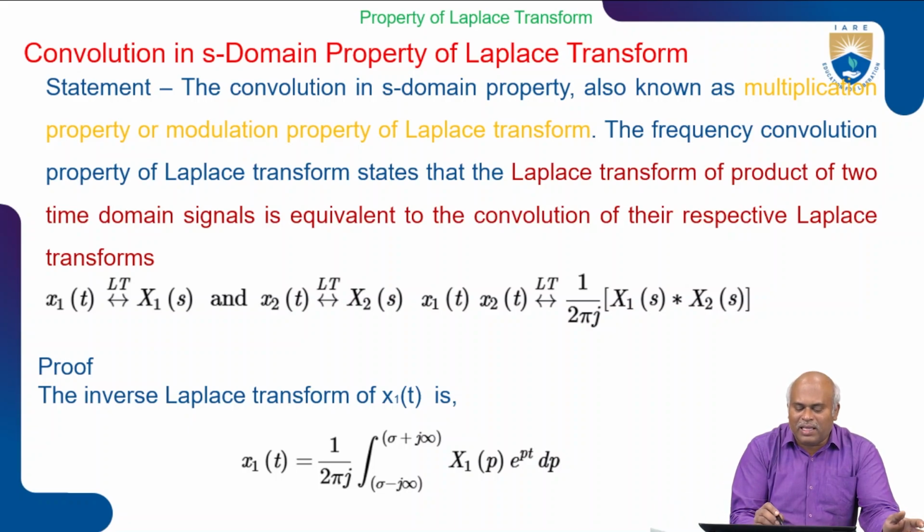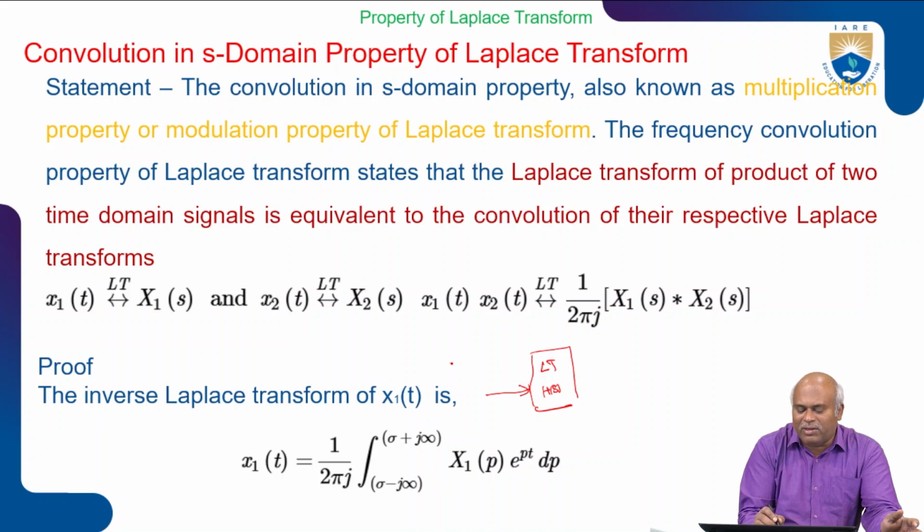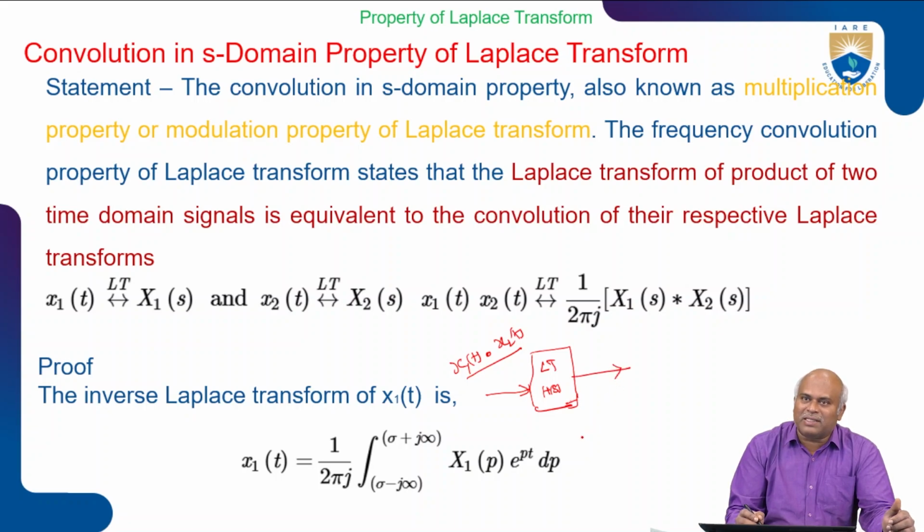That means if we multiply the two signals in the time domain at the input side and pass them through the Laplace transform system, represented as H of s, the output is a convolution of the Laplace transforms in the S domain, that is 1 by 2 pi j X1 of s convolved with X2 of s.